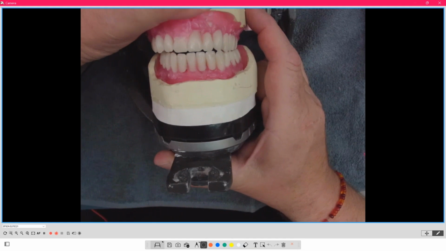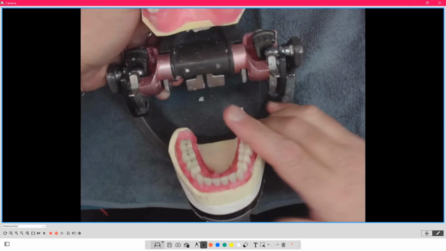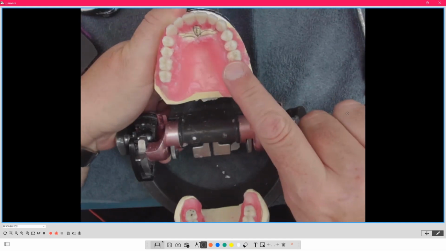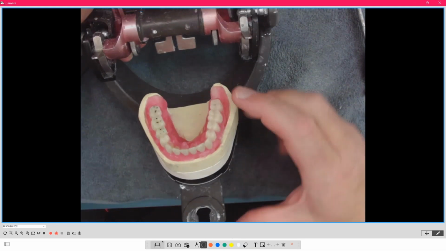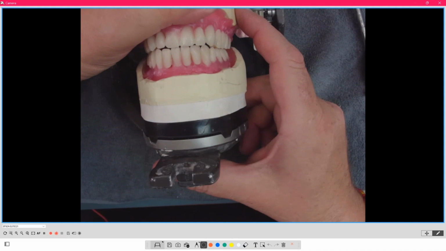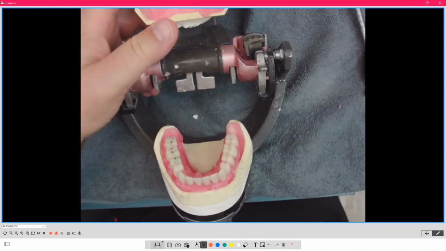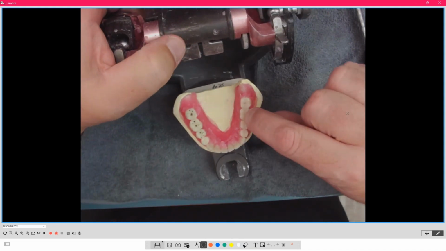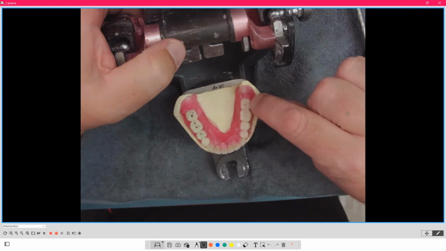What am I looking for? That's how I'm gauging how these lingual cusps are going into those fossas. I don't want them hitting the guiding planes, based on the uniqueness of that chew cycle.